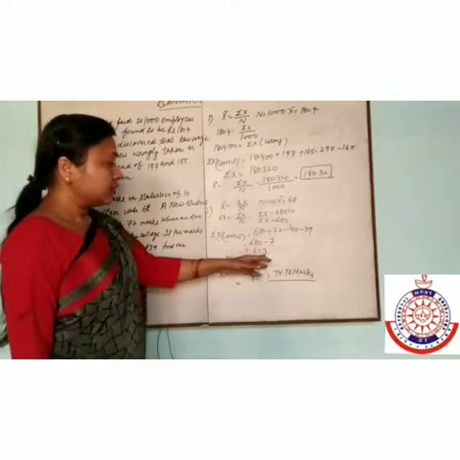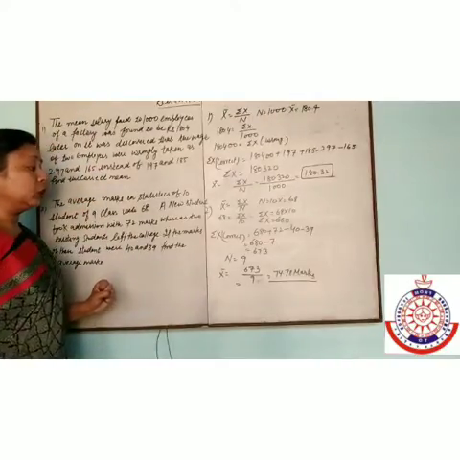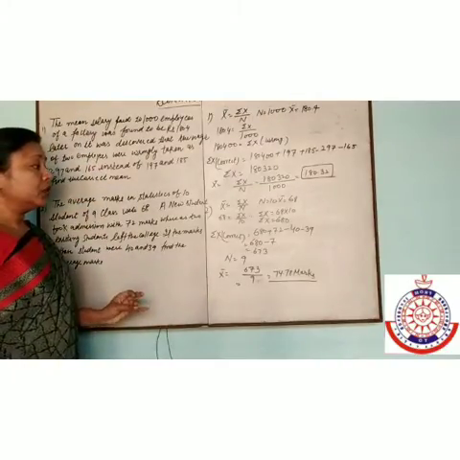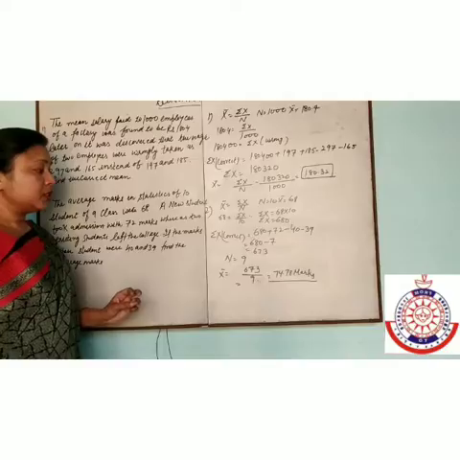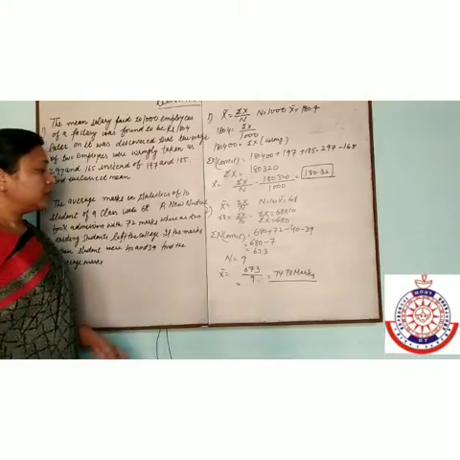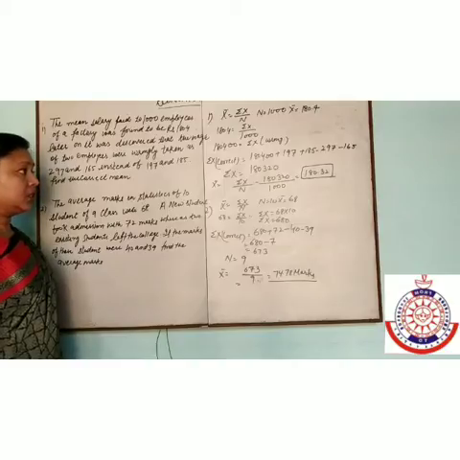This is 673. Now here the number of students is also reduced. Before they were 10, now they are 9. Then x bar is equal to 673 divided by 9, that is 74.78, our answer.